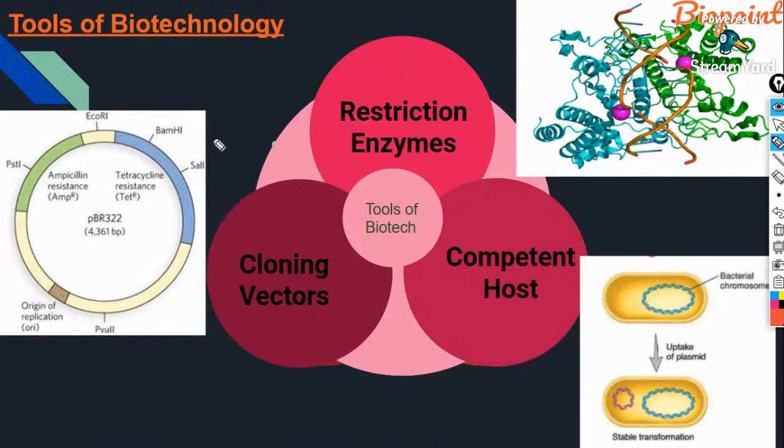There are mainly three main tools of biotechnology. The first one is the restriction enzymes. Restriction enzymes can cut the DNA either from the ends, or from a particular sequence.